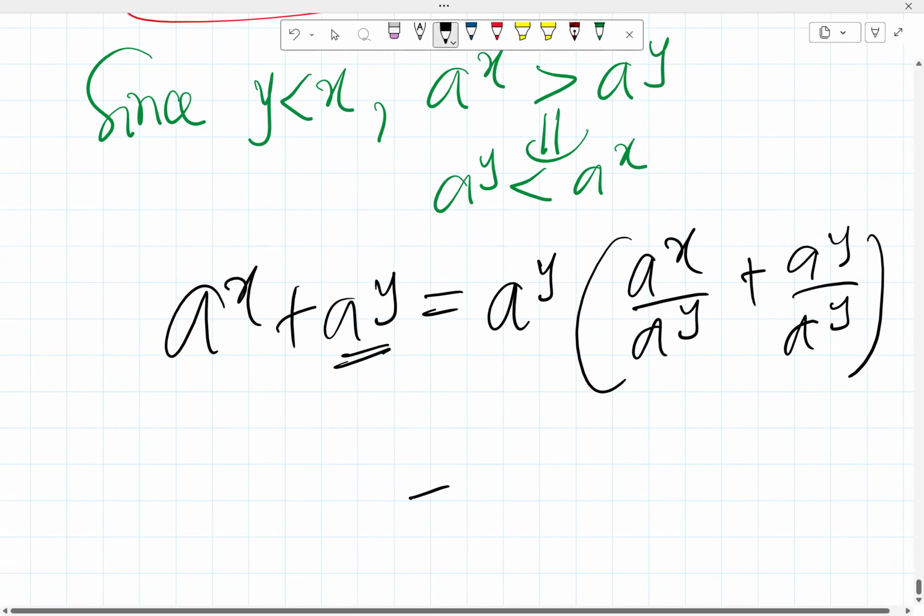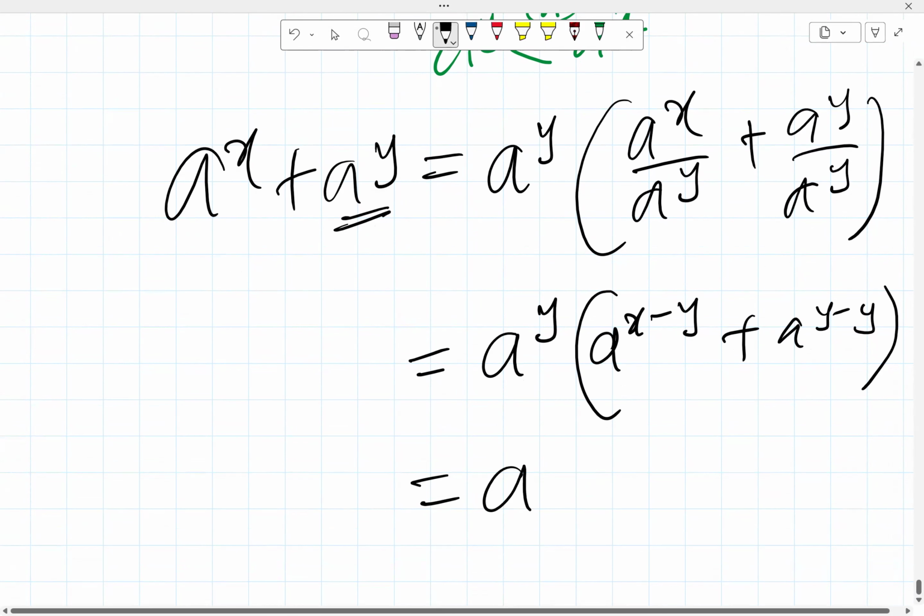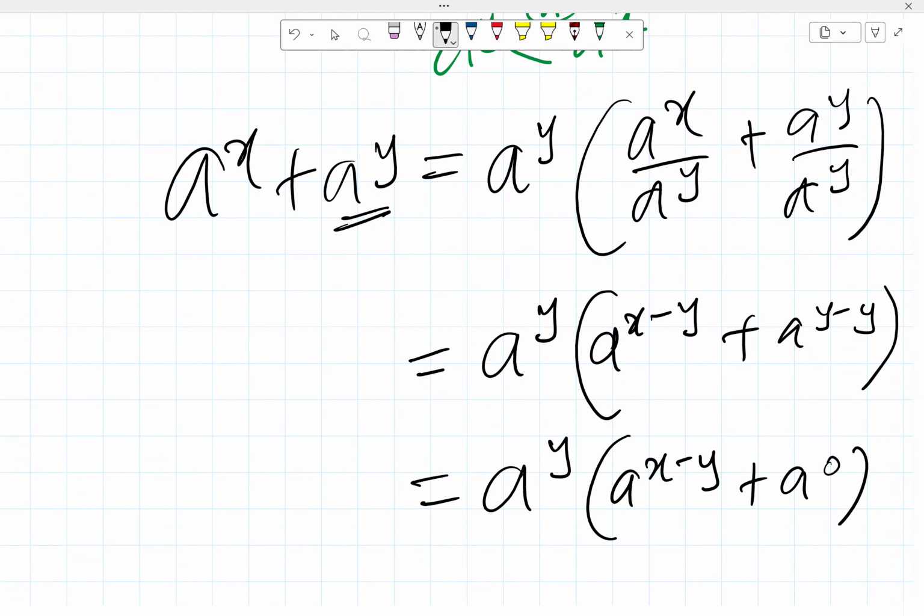That means we have a raised power y into, from the quotient law of indices, a raised power x minus y plus a raised power y over a raised power y. Well, this is simply one, or if you want to go the trouble way, you can say a raised power y minus y, and we already know that's a raised power 0, which is one.